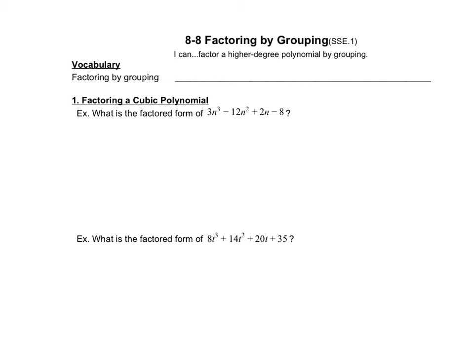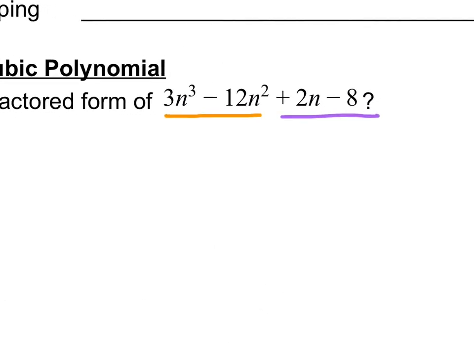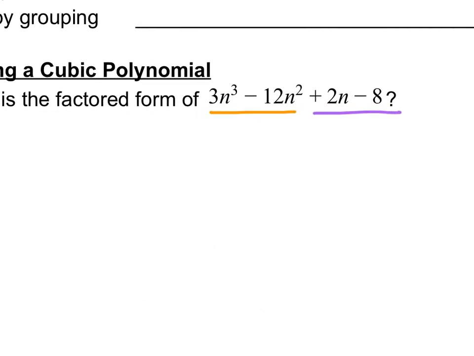What we want to do is take the first two terms, and if I look at those, it turns out there's something that we could factor out of those individually. And then we have these second two terms. So I'm going to find the greatest common factor of each one of these pairs. In this first group, I can factor both of these by 3n squared.